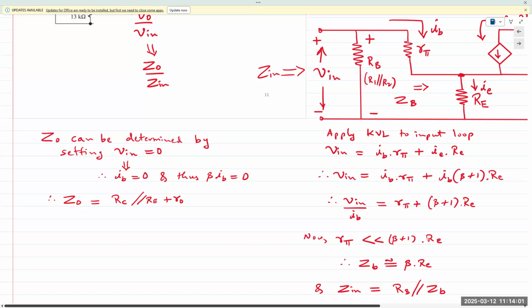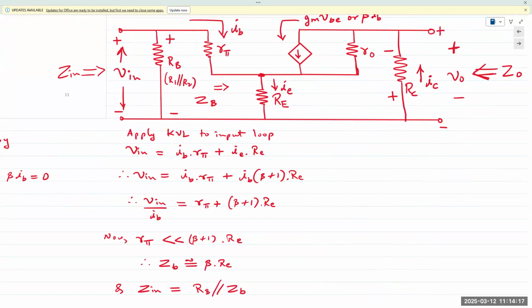We can find VO over VIN simply by writing the expression for VO as the voltage across. What is VO? It's measured across RC. So it's voltage across RC. VRC gives us VO. And that's the simplest way.